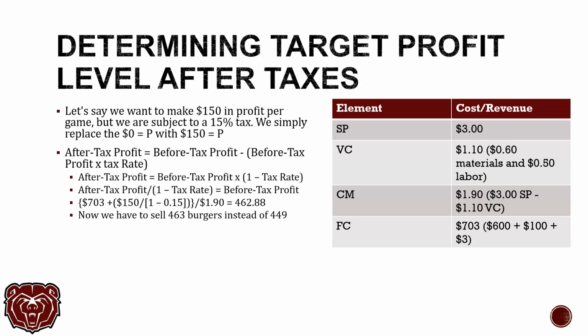We're dividing by a smaller denominator, so it makes the answer bigger. Just fractions, yay. So once we do all that, we can see that we need 462.88 hamburgers. We're obviously going to round that up to 463 hamburgers. So you can see we've got to sell an additional 14 hamburgers if we have a 15% tax rate in order to make the $150 profit that we would like to see.